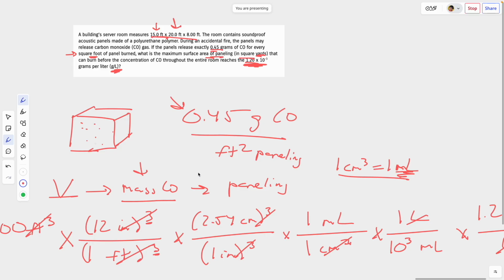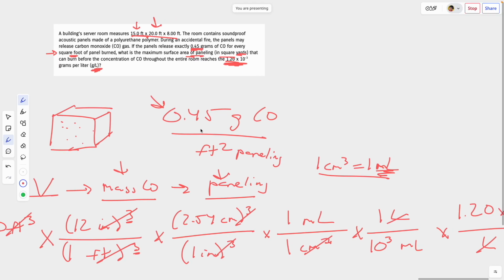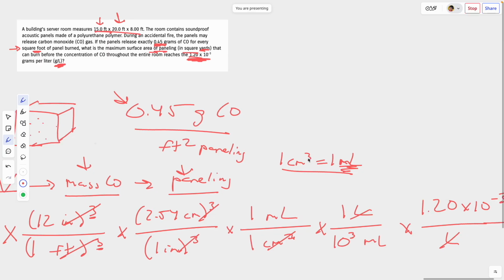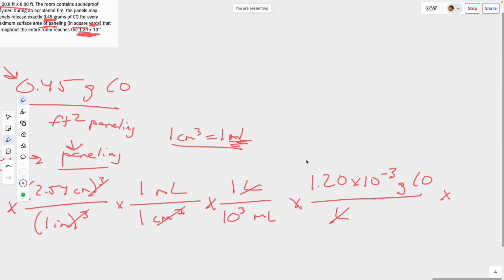So now let's take a pause here and see what else we have to do. If we were to stop here, we get the mass, right? But the question is asking us for the maximum surface area of paneling. So that's where we would use this last conversion factor over here to get to the final answer, which is the area of paneling. So 0.54 grams of CO are released with every square foot of paneling burnt.